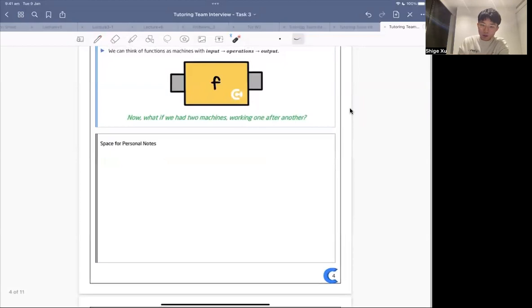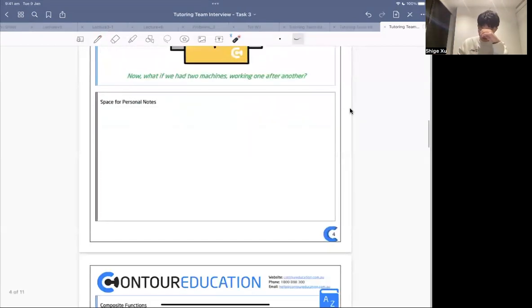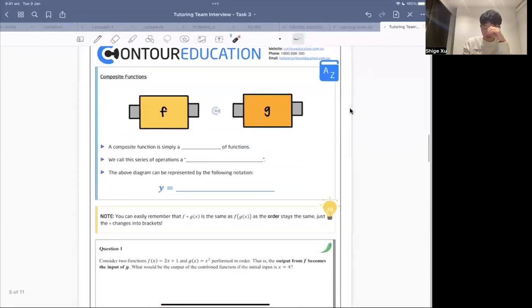Now, what if we have two machines working one after another? So we have one machine, another machine. This machine works first, then this machine. And we put them together, what would happen? This introduces the idea of composite functions. We have a function f and another function g.